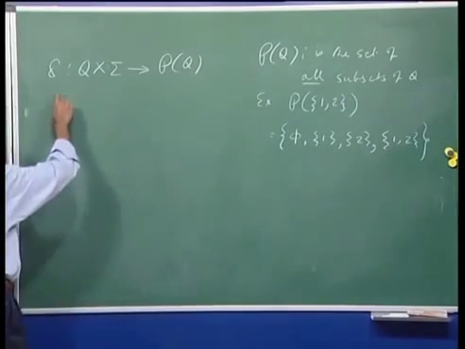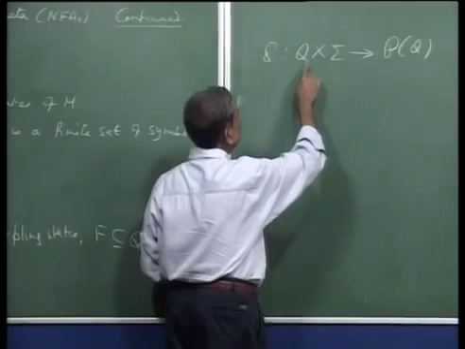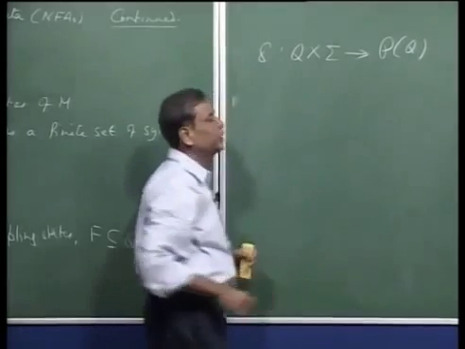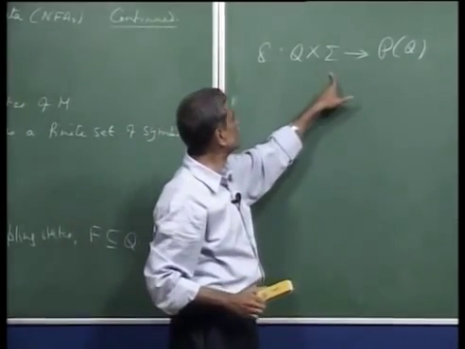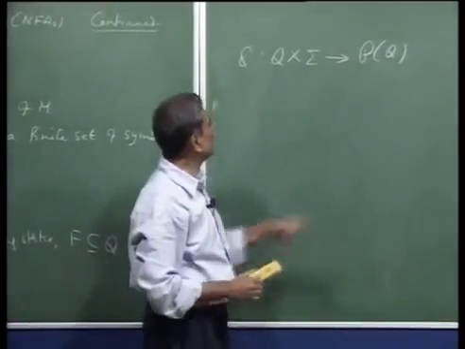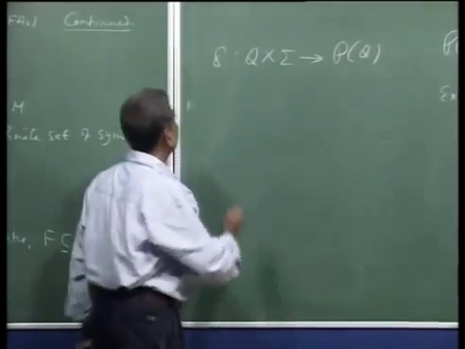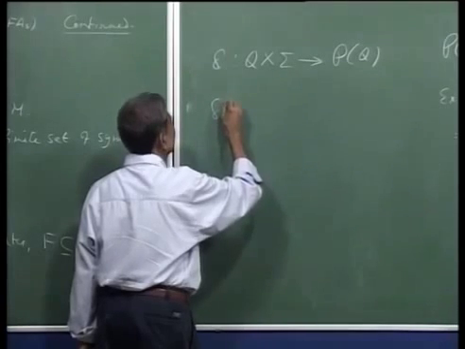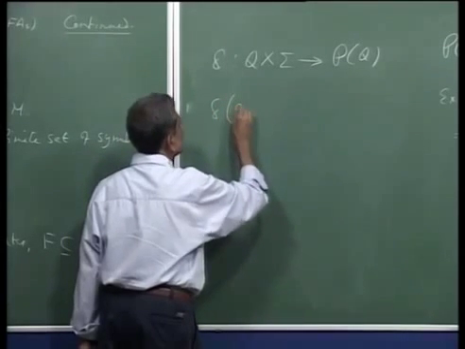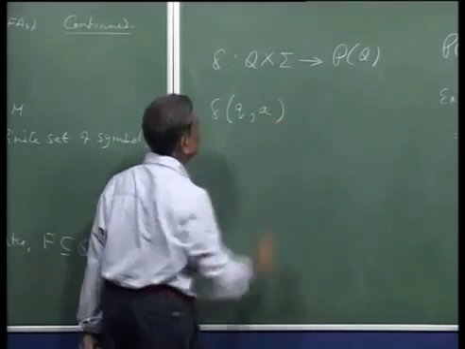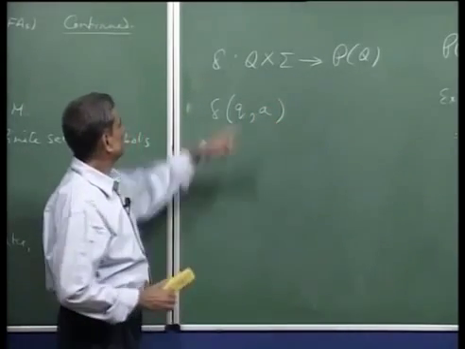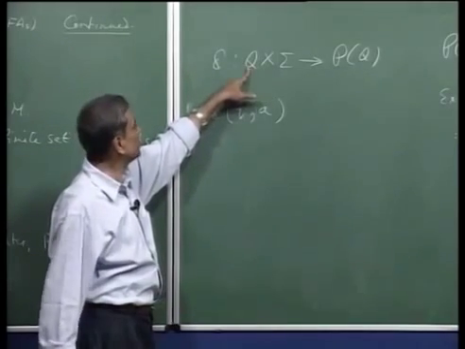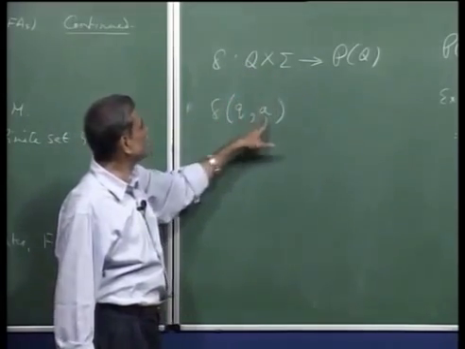So, now this is saying delta is a map which has two arguments, that is, the domain is the cross product of Q and sigma, and its range is this power set. So, for example, delta of, let us say, Q and a symbol A. The first argument of delta comes from the set capital Q, the second argument comes from the set sigma.